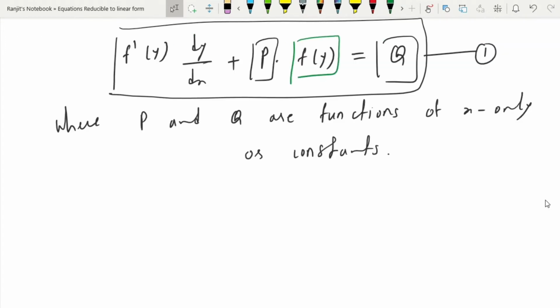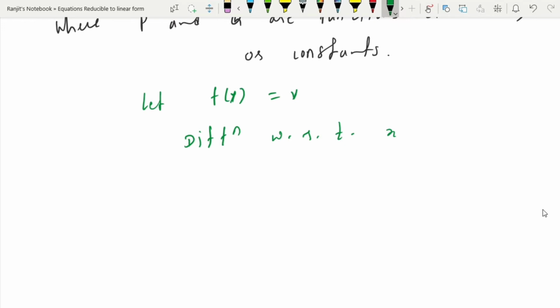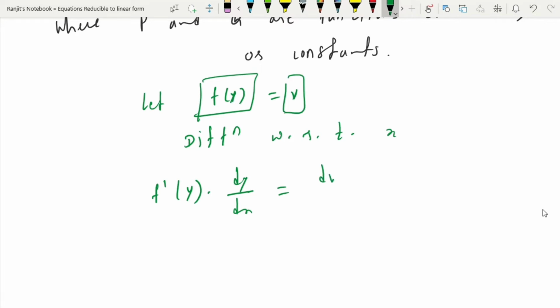Let f of y be equal to v, and differentiating with respect to the independent variable x, the derivative of f of y is f prime of y times dy by dx, which is equal to the derivative of v, dv by dx.